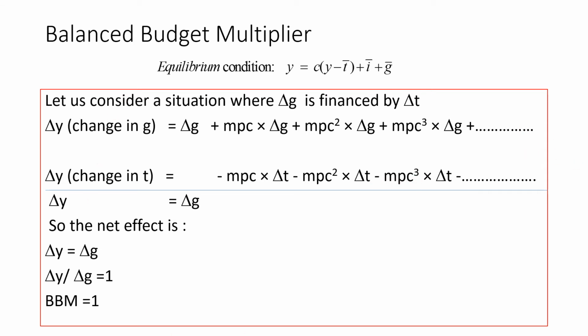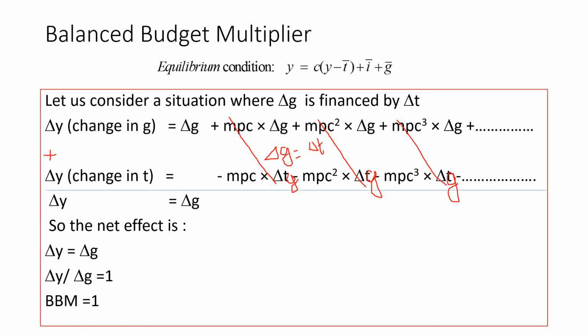and so on. Now, because the government is doing both together, it has raised expenditure and at the same time raised tax, that means we have already assumed delta G equal to delta T. Now if you substitute delta T by delta G here, because they are equal, and add those two effects, then all those secondary, induced effects cancel out.